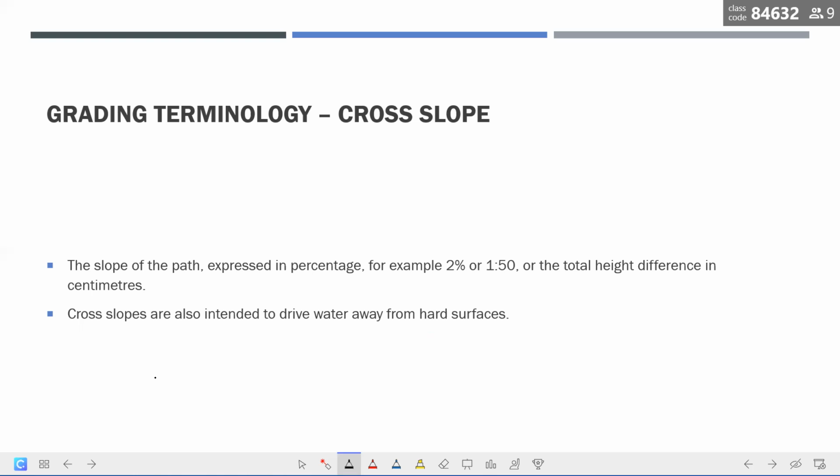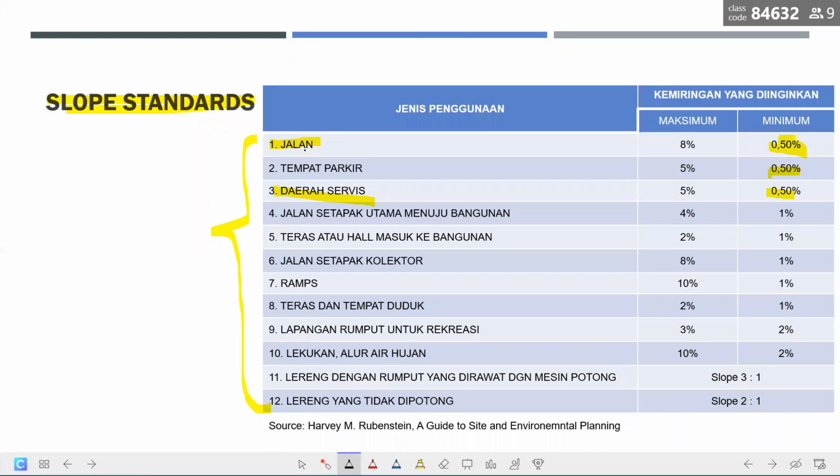Cross slopes are basically the slight slope that you build into the paths, referring back to this table of standards, to allow some water runoff.